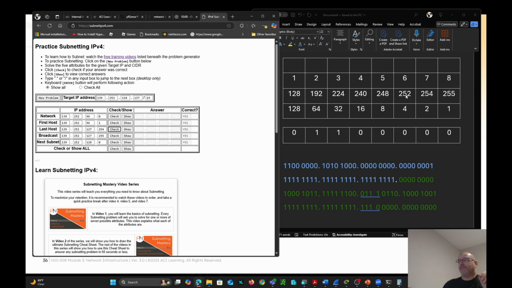Let's say our subnet mask was 252, right? That means those IP address ranges are only 4 wide. Do you really want to go through and go 4, 8, 12, 16, 20, 24? I'm already starting to get lost. 28, right? Or would you much rather go, hey, 139, the closest number is 128?